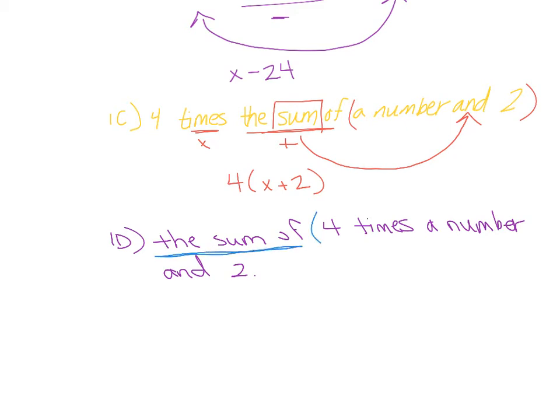So all of this is going to go in parentheses because we see our and right here. So we're going to replace our and with our math word, sum. We're going to start our parentheses, and we're going to start with 4 times a number. And we can write that as 4x. That's saying 4 times x, 4 times a number, and 2. Our math word for and was sum, which is plus, so we go plus 2 in parentheses.